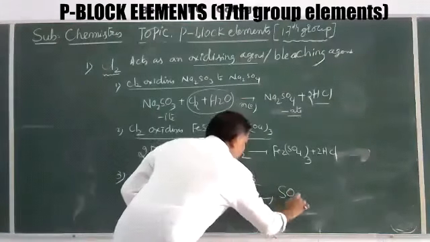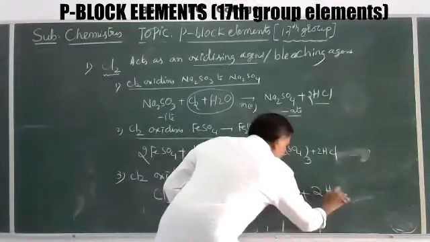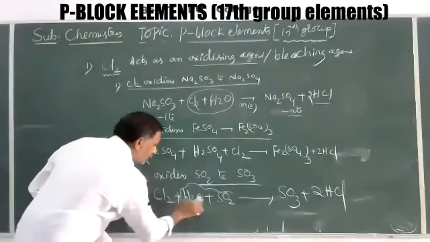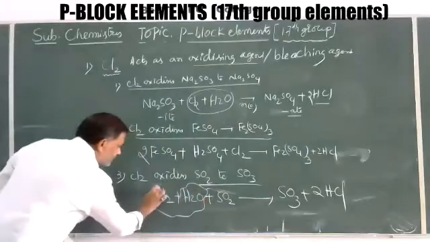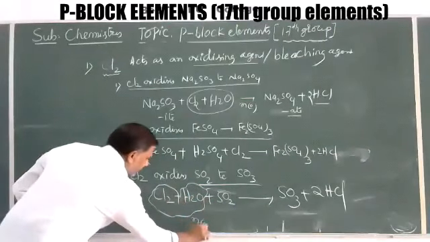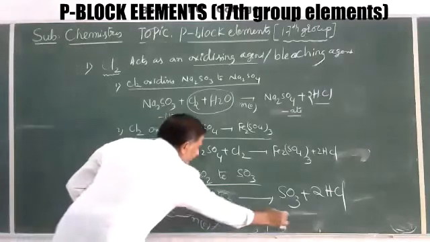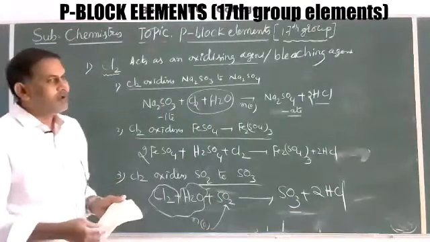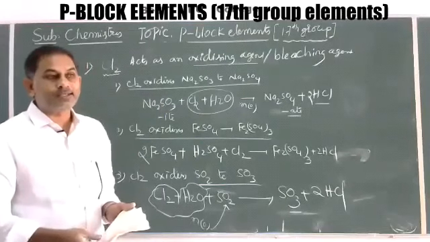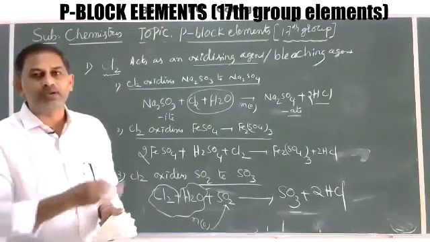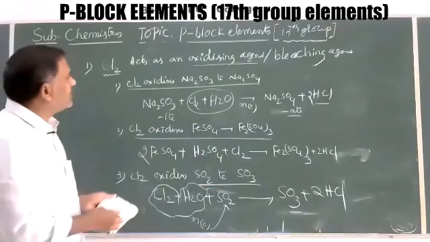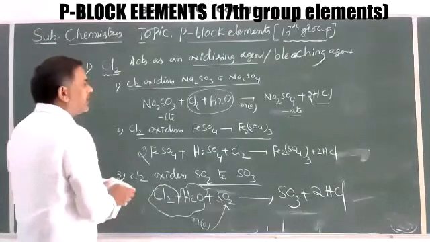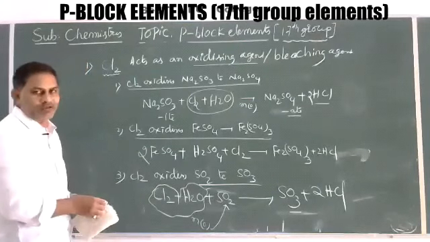It gives sulfur trioxide plus 2HCl, hydrochloric acid, because H2O in the presence of Cl2 creates a nascent oxygen atom that reacts with the SO2 to form SO3. Then one more is there, that is iodine is oxidized to iodates, IO3. Similarly, you'd better read all the chemical reactions from the textbook. Finally, uses of chlorine.